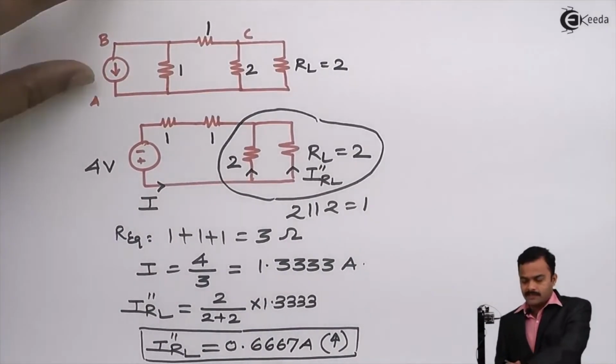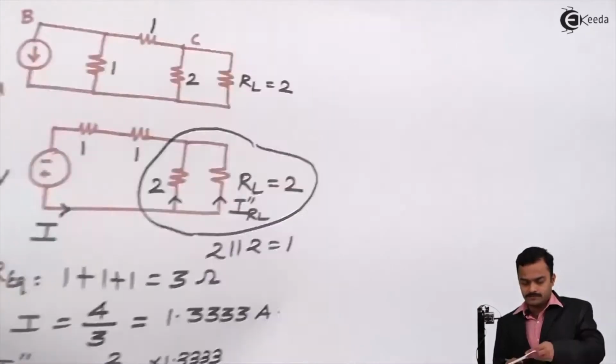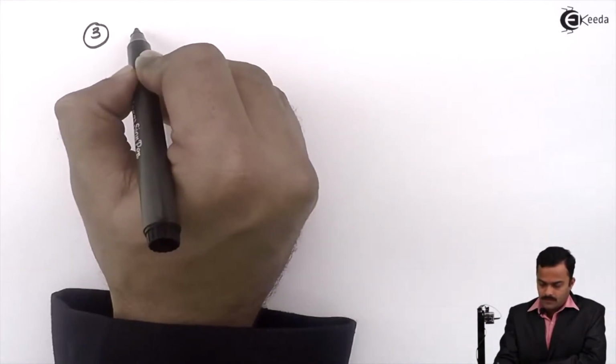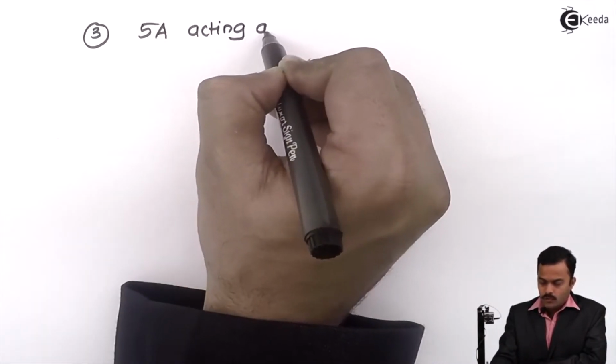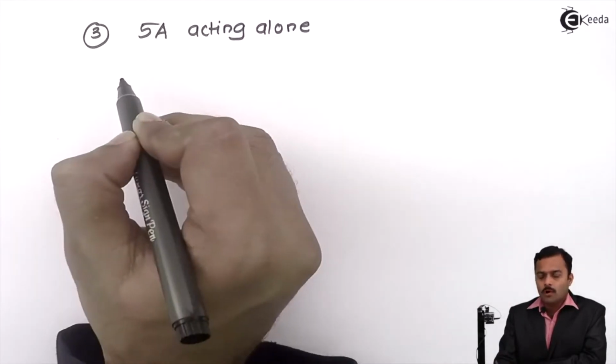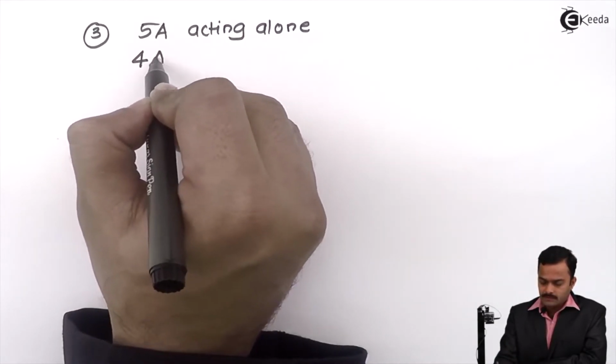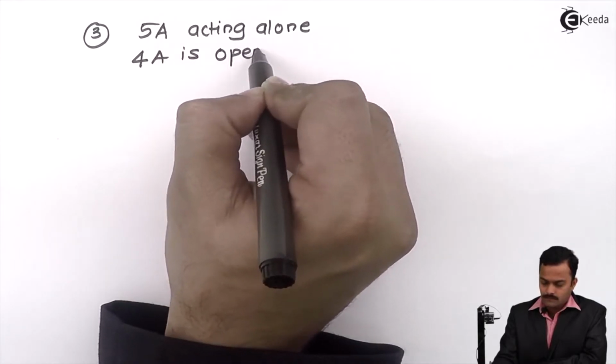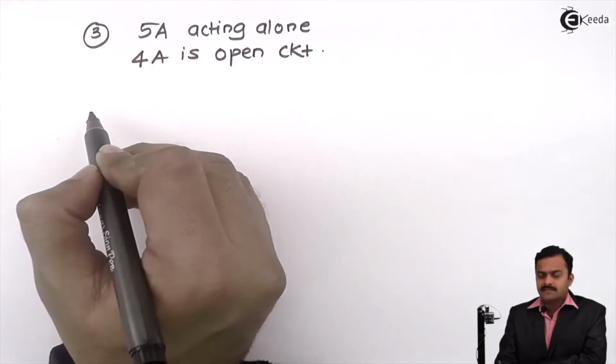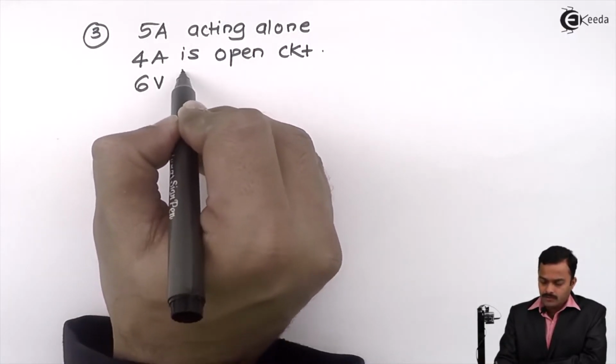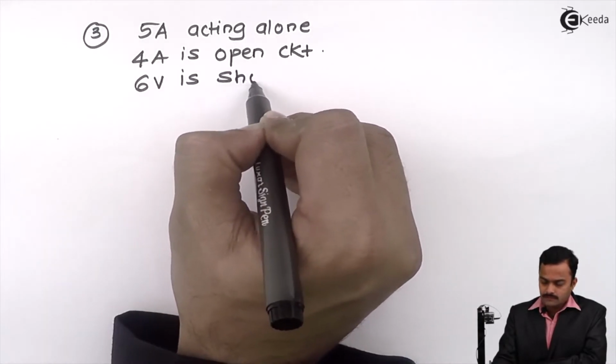Third step, I will consider the 5 ampere source acting alone. So what will happen to the 4 ampere? Obviously it will be open circuited. And the 6 volt, being a voltage source, will be short circuited.